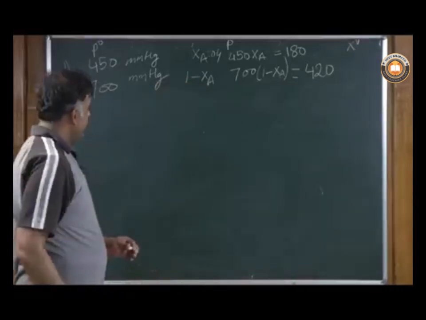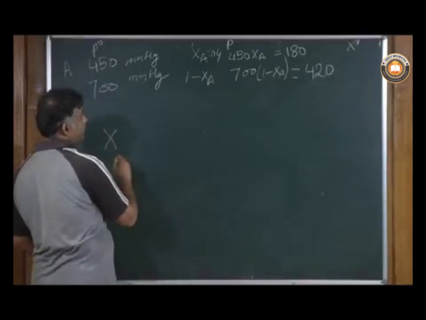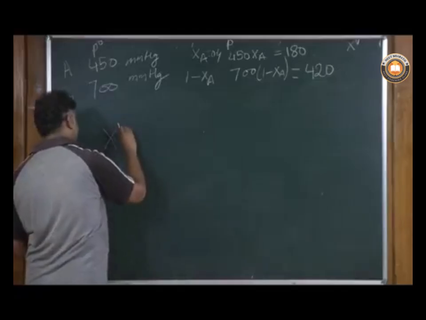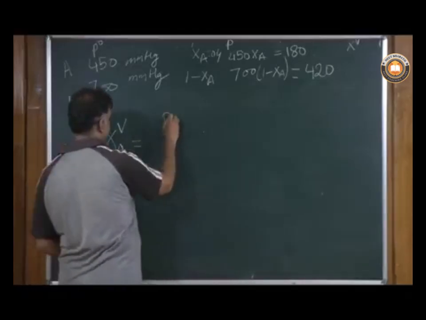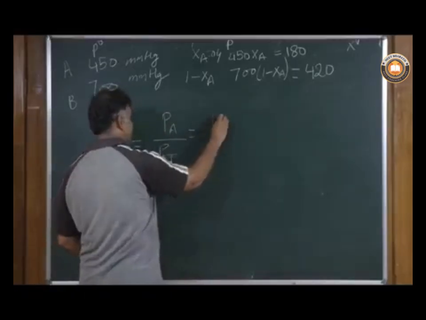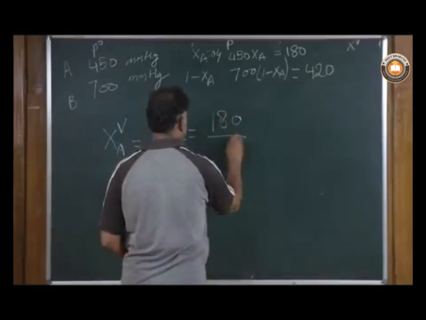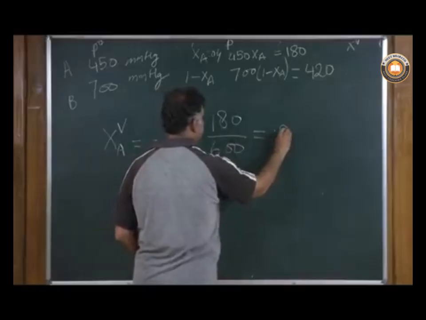So, the composition in the vapor phase of A is simply the partial pressure of A divided by the total pressure, and the answer is straightforward: divided by 600, and I get 0.3.